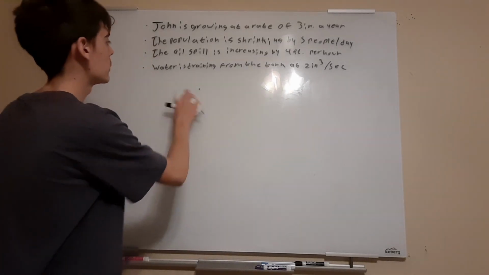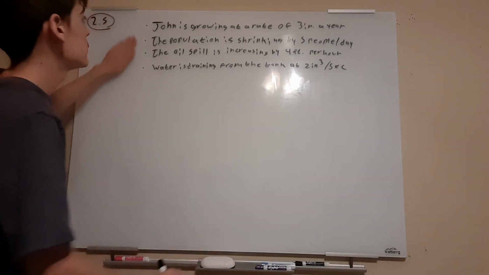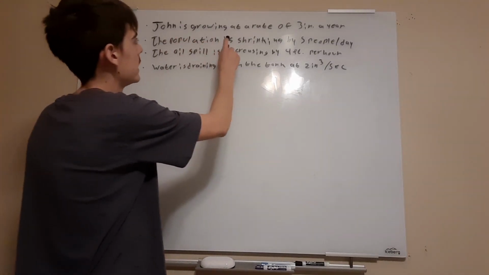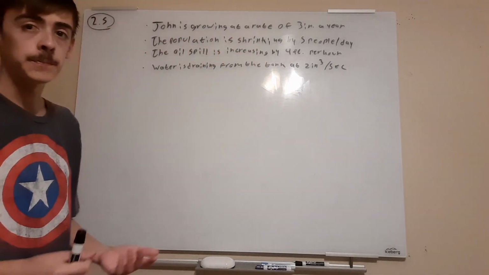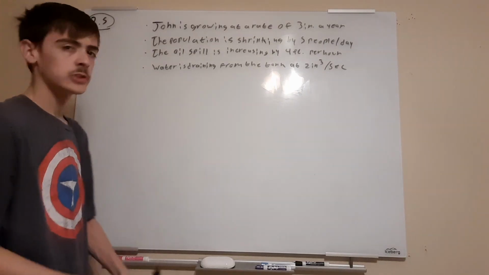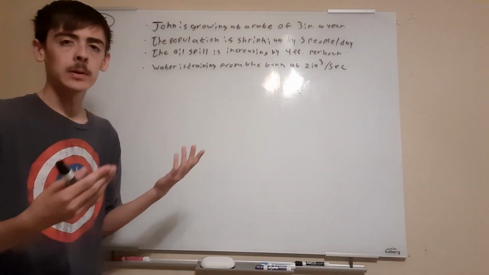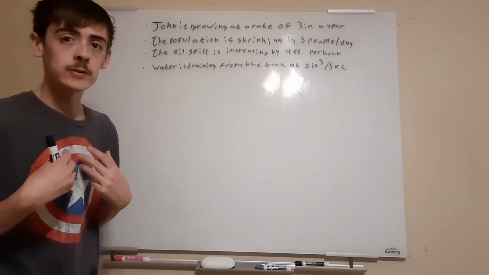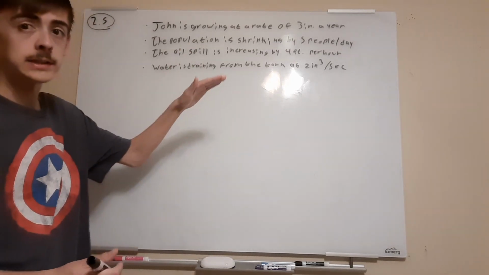So let's start to try and write some rates based off these 4 situations. The first situation is John is growing at a rate of 3 inches per year. So what's a variable we can give to the fact that someone's growing? The thing I would first think of is height, because their height is increasing.